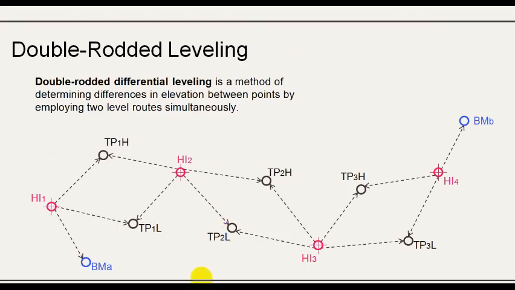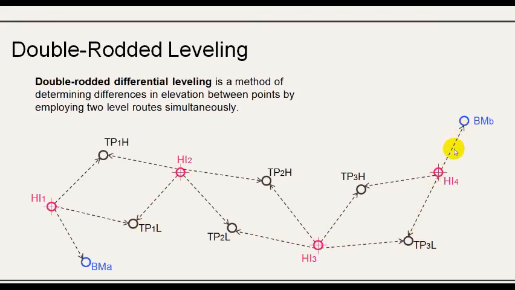So it is the same as differential leveling, just that it is double-rodded, meaning we have two rods. But the backsight and foresight readings are taken independently for each route. For the first route we have the H, or high route, and for the second route we have the L, or low route.